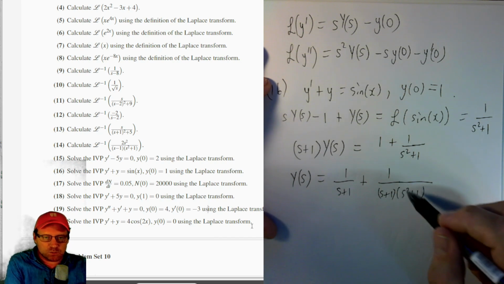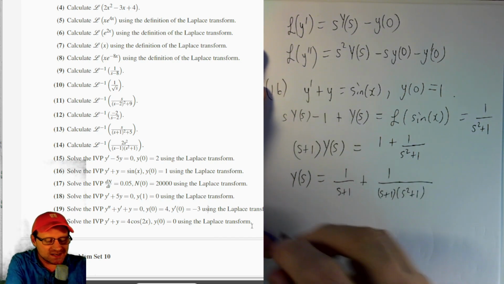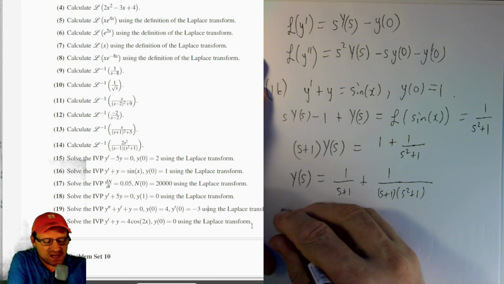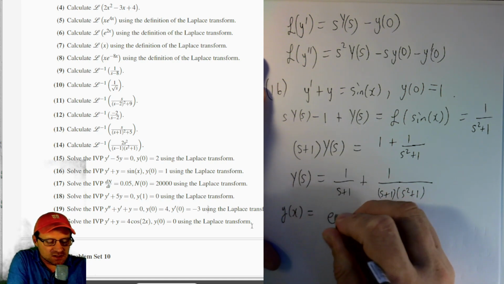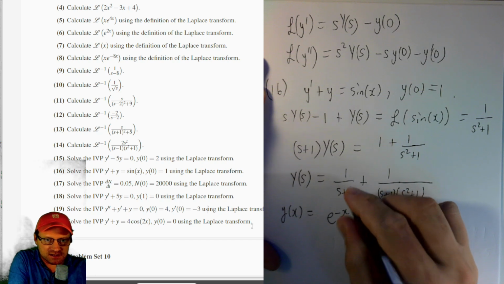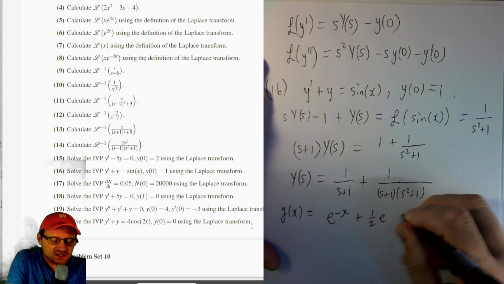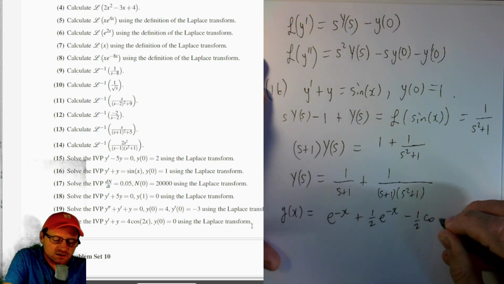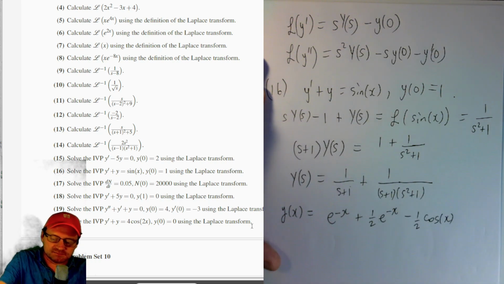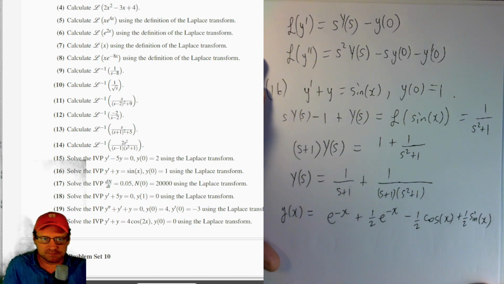Okay, and now we would break this up using partial fractions, but what we're going to get when we take the inverse Laplace transform of this is y(x) is equal to e to the minus x for this, and then plus 1/2 e to the minus x minus 1/2 cos of x plus 1/2 sine of x.